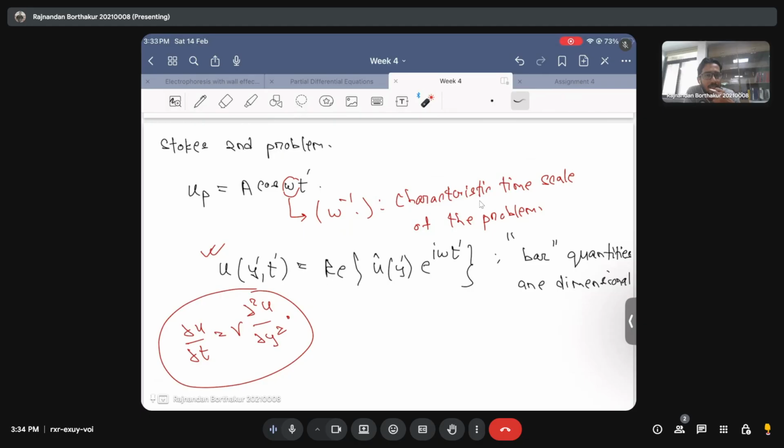Let's say I'm solving Stokes' second problem, where the fluid is being disturbed by a given plate velocity having an amplitude a and a frequency omega. Then for any fluid I can argue up to what distance from the plate the effect of the disturbance will propagate.